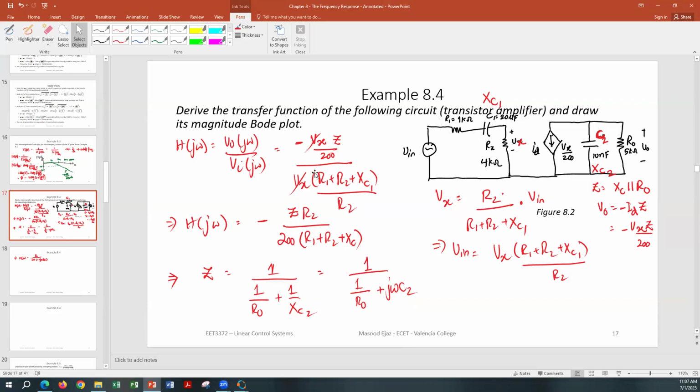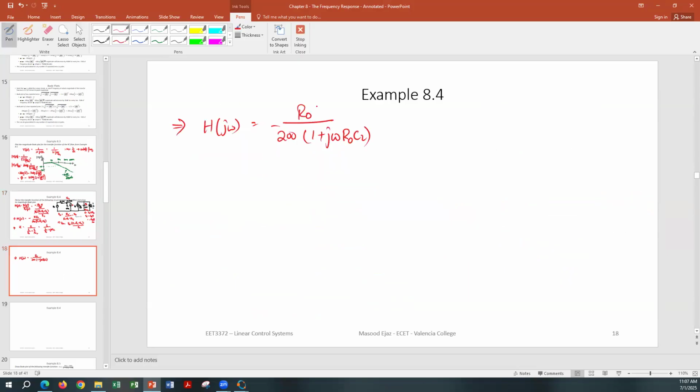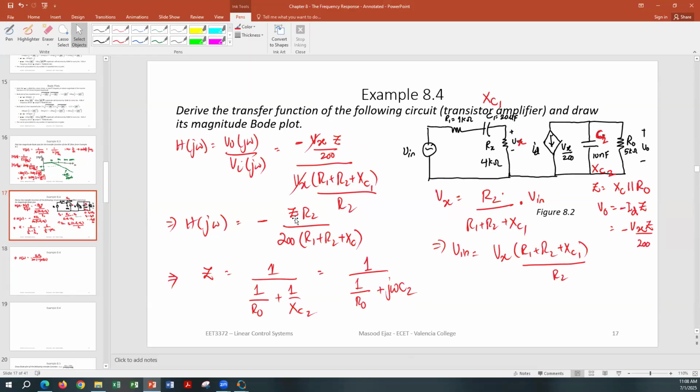So that's going to be your Z. And then, R2 over here as well. So R2 times R2 times R out 1 plus j omega C R2. Yeah, that's going to be here.